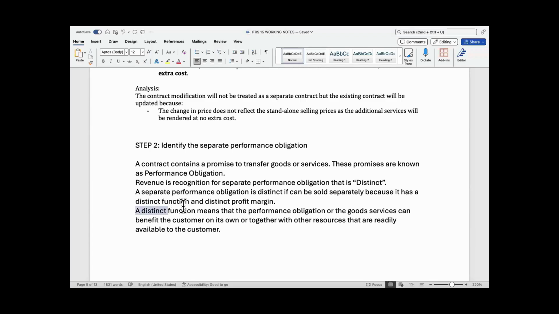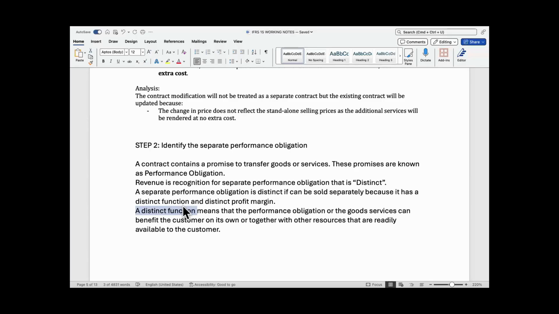That's what we mean by a distinct function. When we say a performance obligation has a distinct function, it means that the customer can benefit from that goods or services on its own or together with other resources that are readily available to the customer.